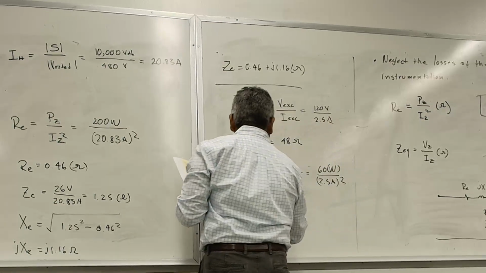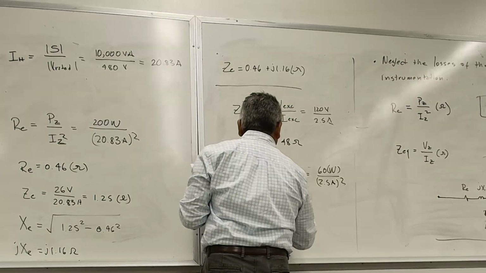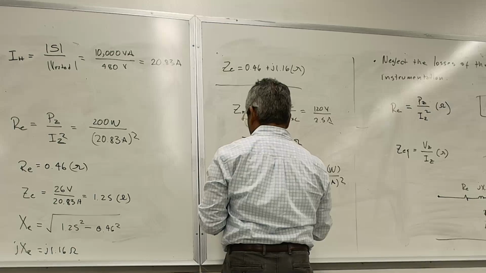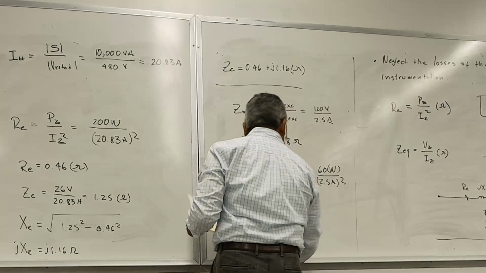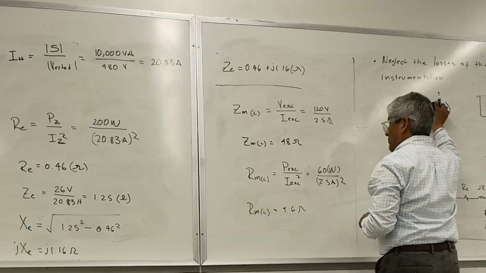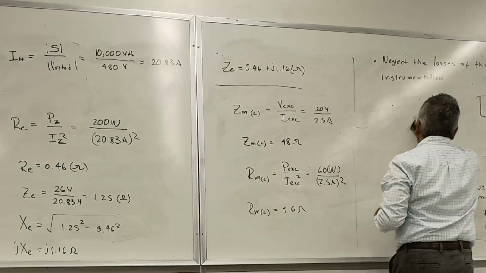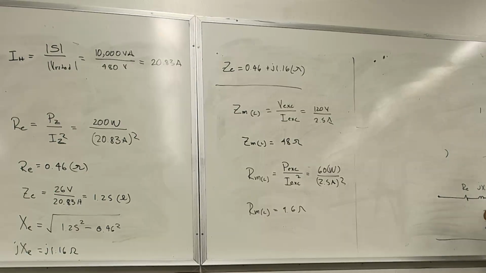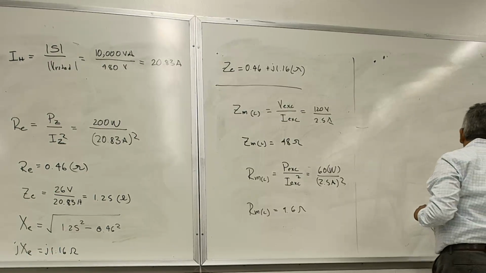And that gives me an RM on the low side of 9.6 ohms. Okay. Hence my XM, what am I saying? I'm going to use those formulas.